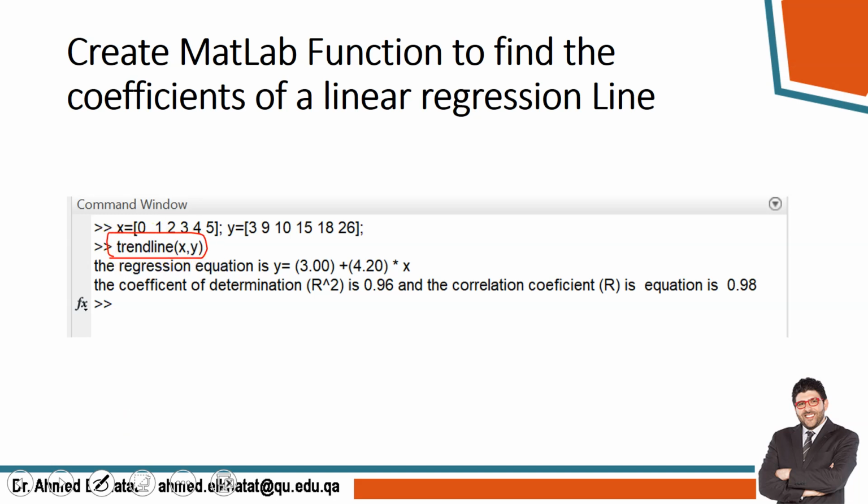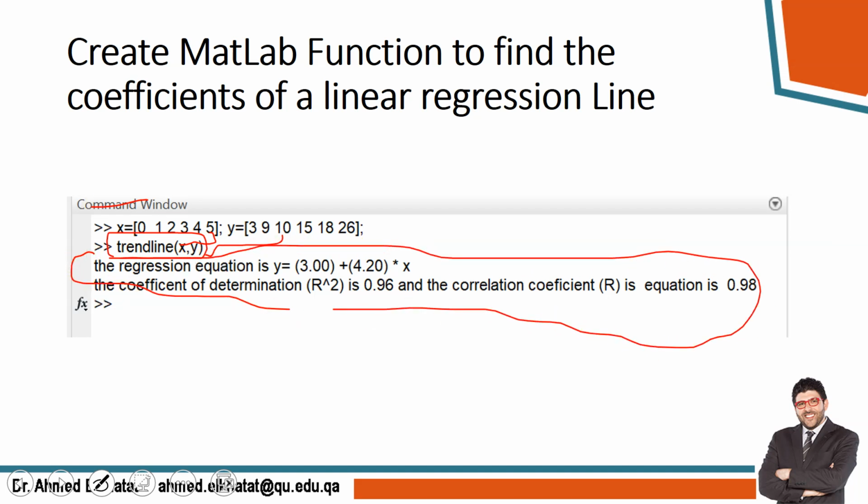So we have two ways: either call trend line and put x here as a vector and y as a vector, or you can identify x and y before. First x and y, and then call trend line with x and y. So this will be what is shown.